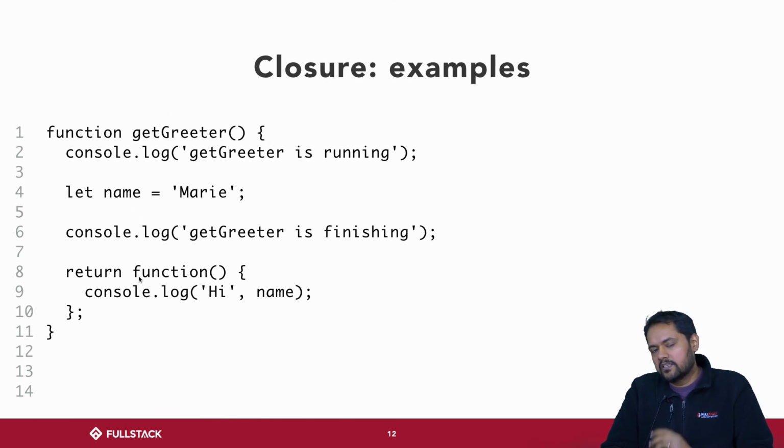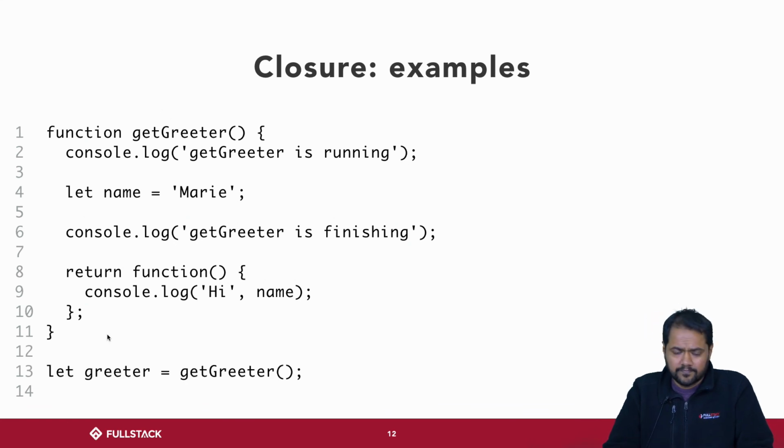So just think about how this would work. When we call getGreeter, we are going to define name, and we're going to return this function, and then this getGreeter function is done executing. And so technically, since name is defined in the scope of getGreeter, name should be gone. It shouldn't be available anywhere.